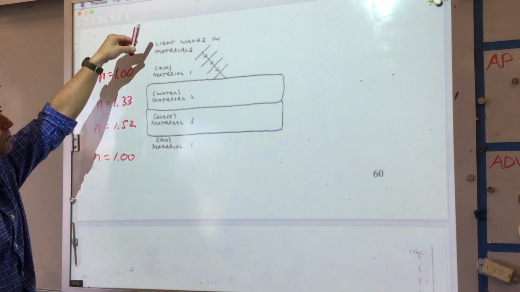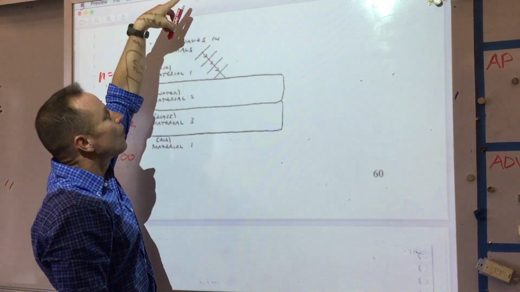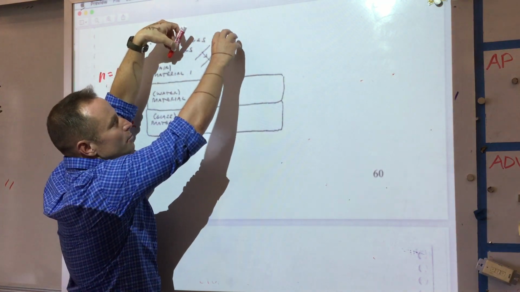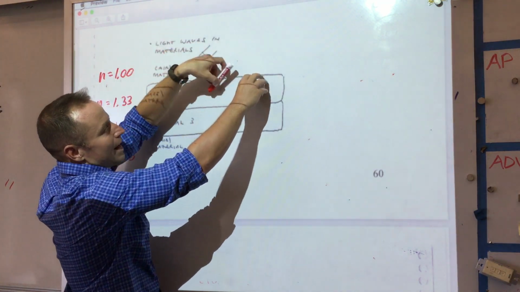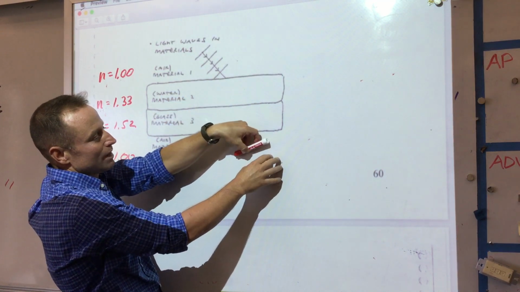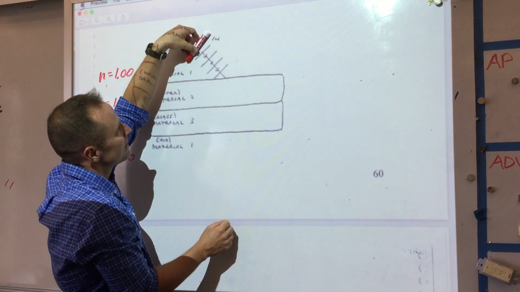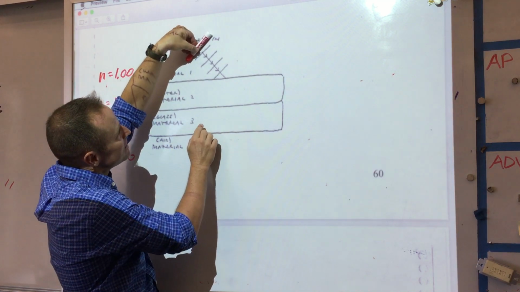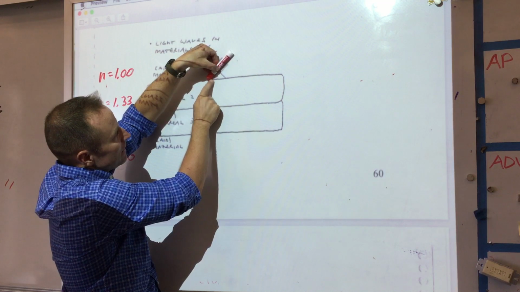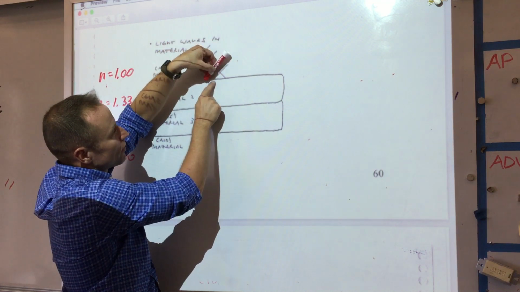So here we go, we're going to shoot light in at an angle. You have to imagine this is like going from the pavement to grass to mud, and then back to the pavement. Here comes the marching band, and as this row gets in, this person is going to hit the slow material first.